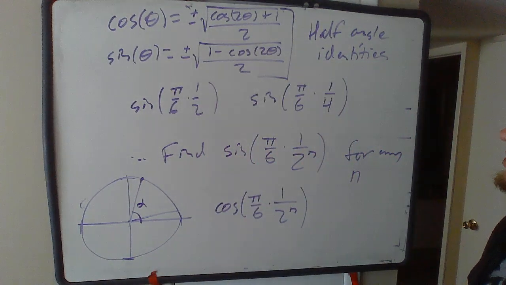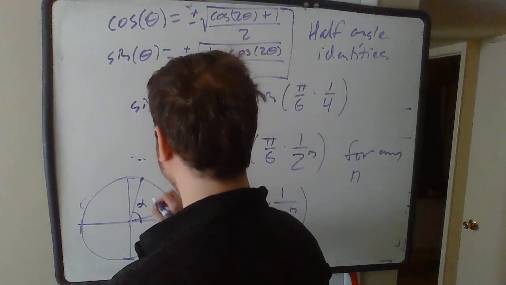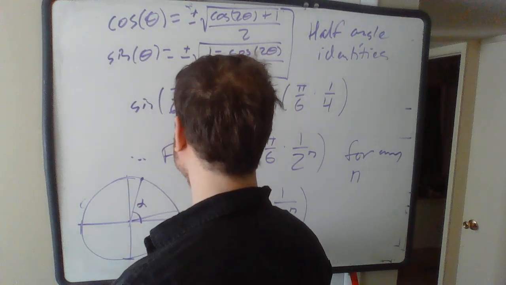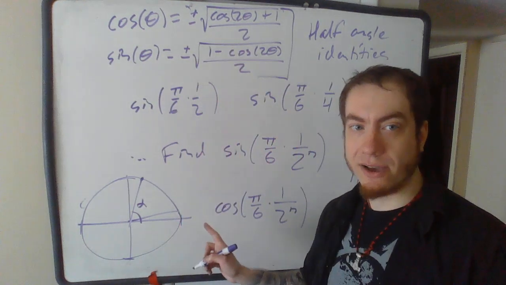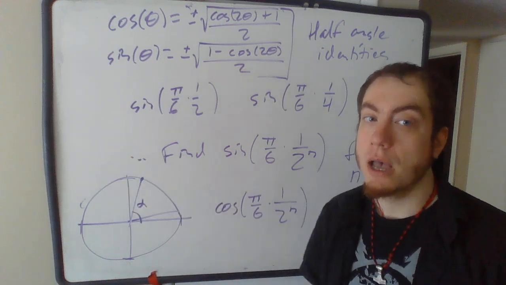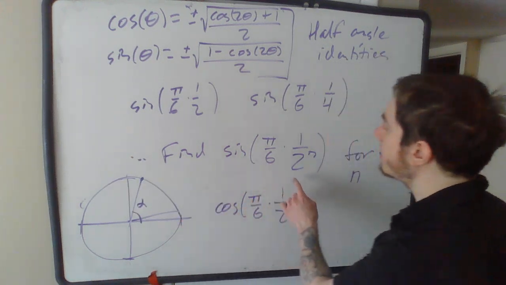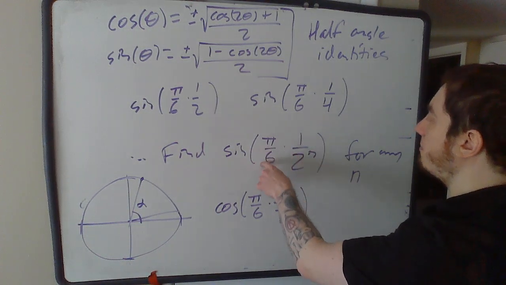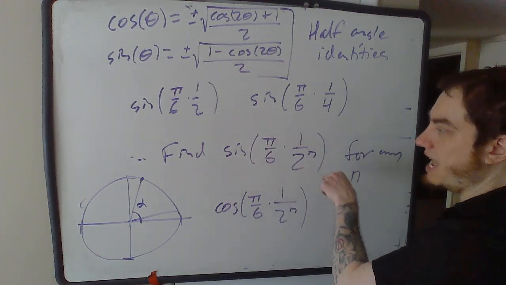Well, what I can do is I can write alpha as a sum of very small angles. It's going to be a very long sum, okay? But I can write it as a sum of angles, all of the form pi over 6 times 1 over 2 to the n.